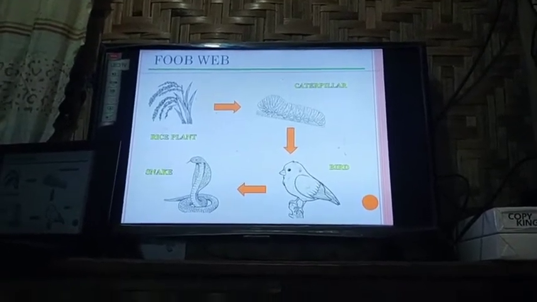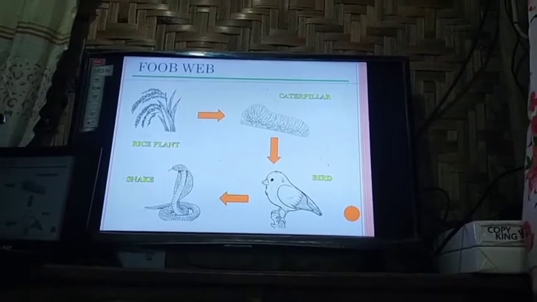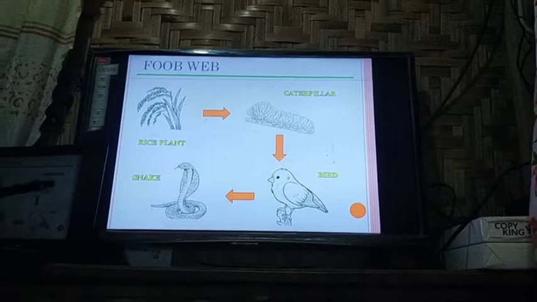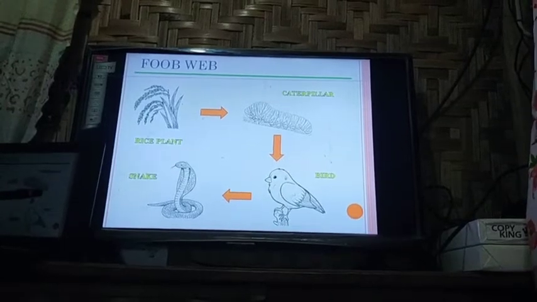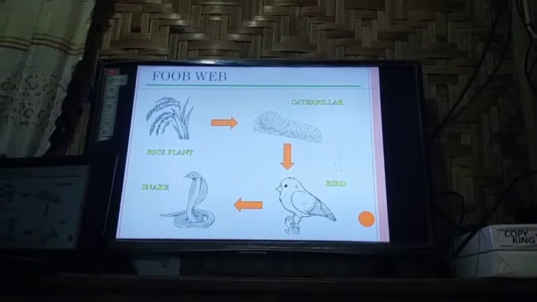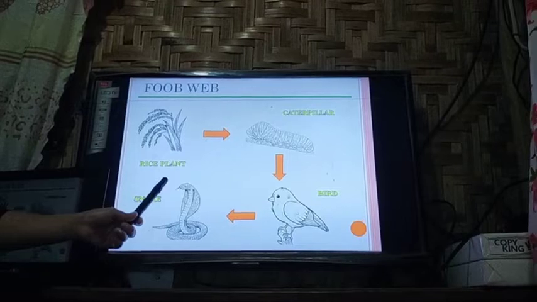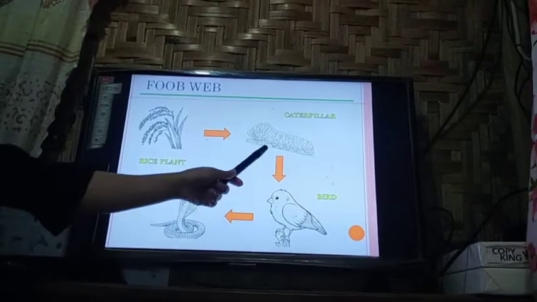So you can see the rice plant, caterpillar, bird, and snake. So let us study their connection. As you can see, rice plant is eaten by the caterpillar.